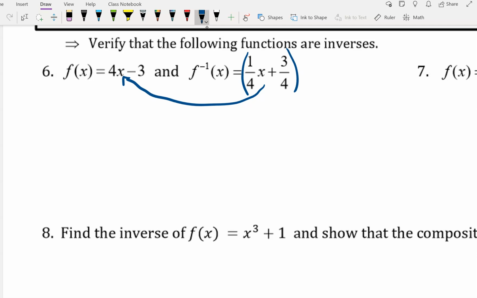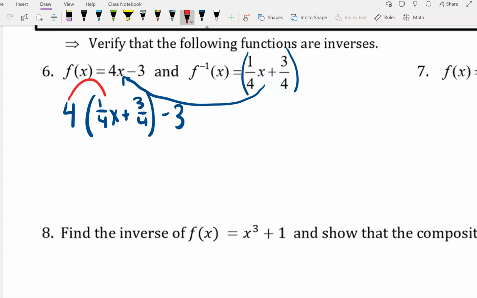So the 4 is still there, and instead of x, I'm replacing that with 1/4 x plus 3/4. Then I still have minus 3 on the end. So I just replaced my x with the inverse. Now I need to simplify this, and hopefully I get x as an answer.